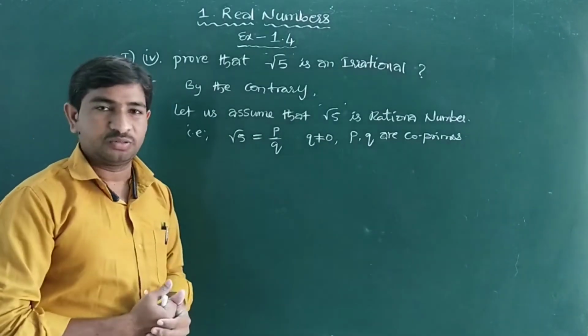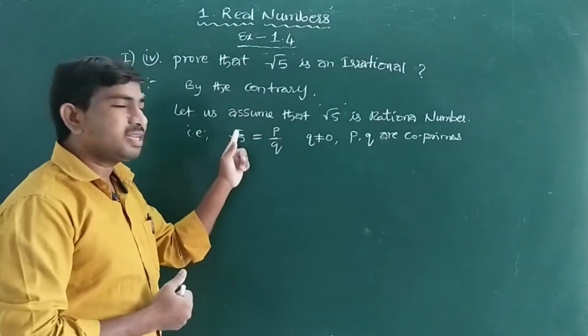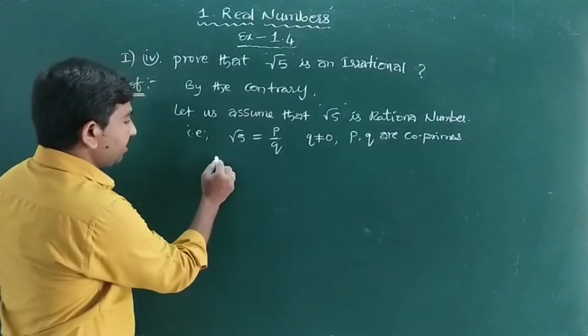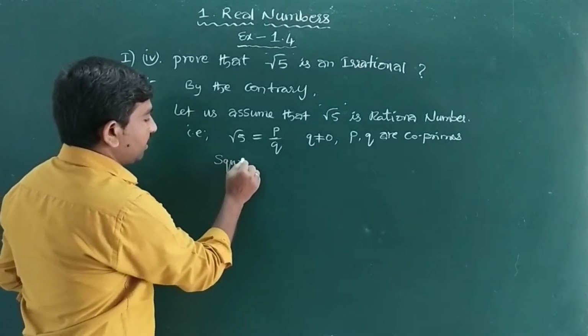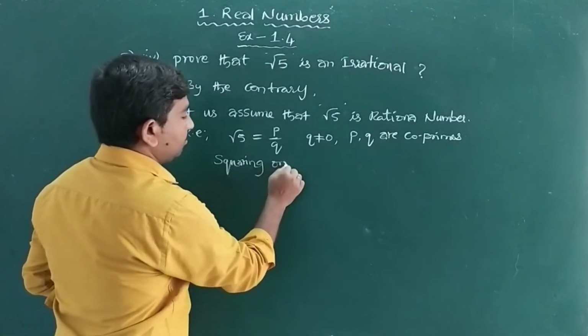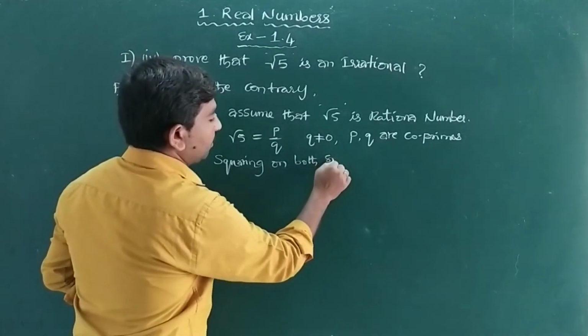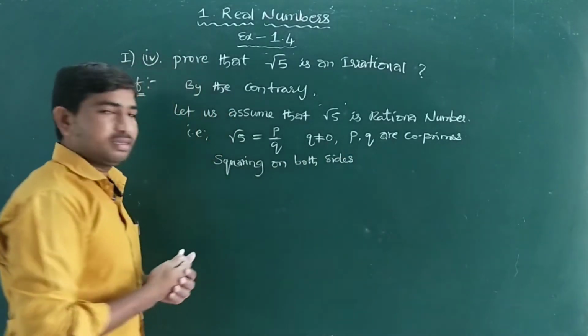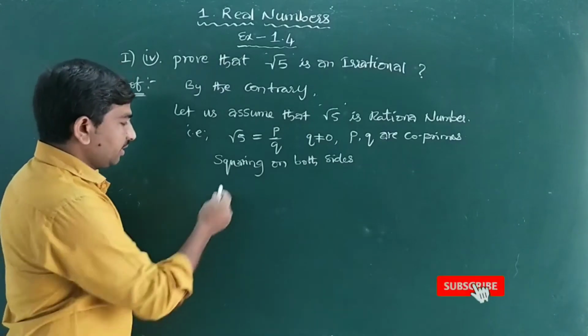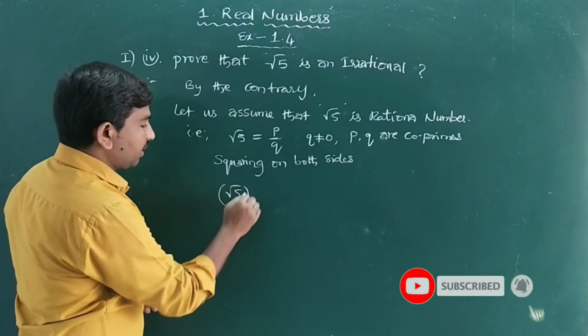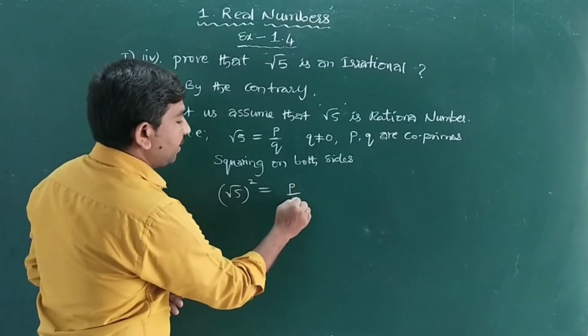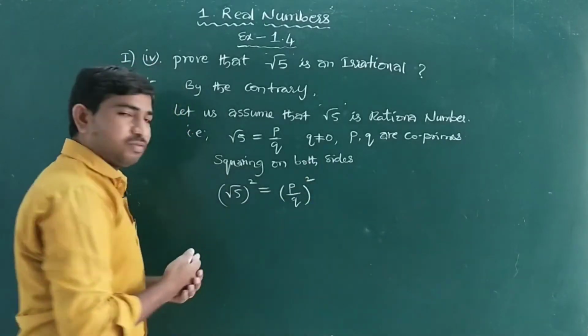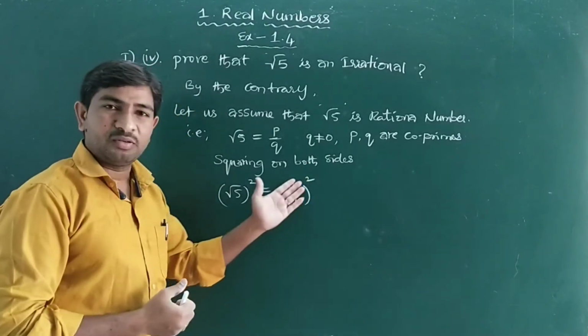Now what do we have to do? Squaring on both sides to remove the square root. Root 5 whole square is equal to p by q whole square.